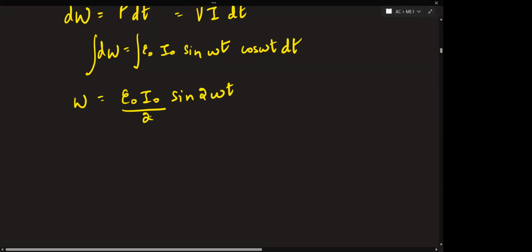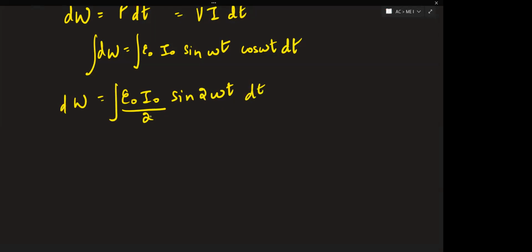Clear? So this is the work done, dW, and I have to integrate this. Why am I integrating? Because average power will be work done by time. So when we are integrating, we have to divide it by time to obtain the average power.